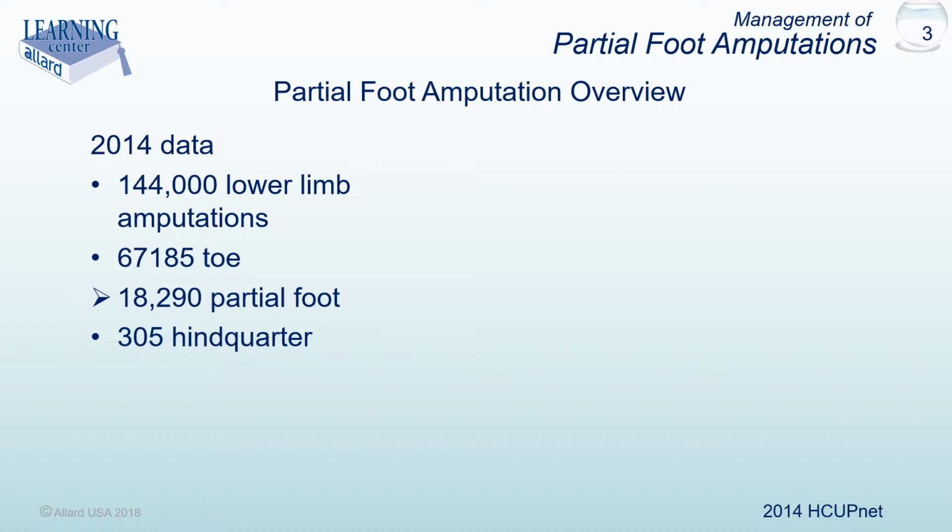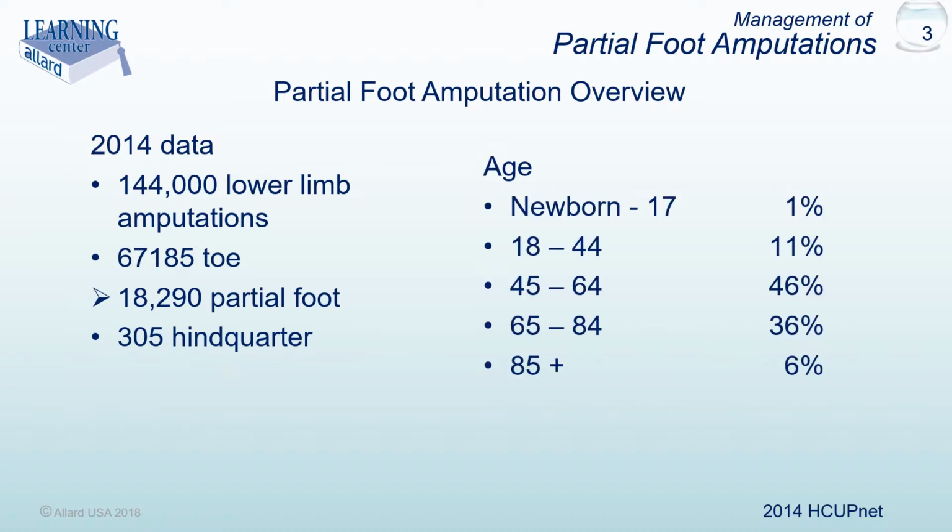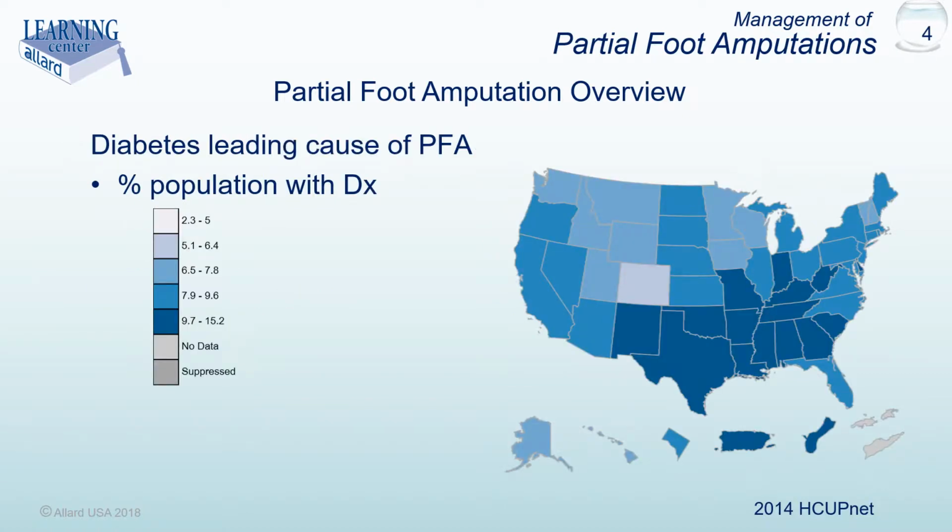The most recent data indicate there are about 67,000 toe amputations and over 18,000 partial foot amputations per year. The vast majority of those amputations occur in patients between the ages of 45 and 84 years old. This map shows the diabetic population distribution within the U.S., with the dark blue indicating over 10% of the population having the diagnosis of diabetes.